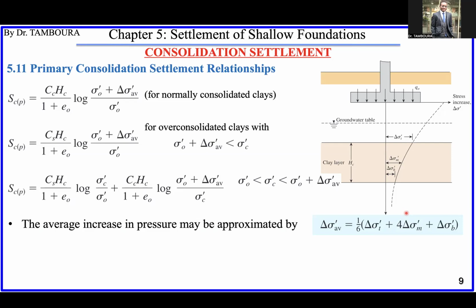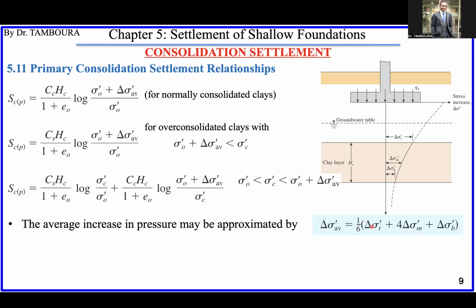And in soil mechanics 1, we have learned a lot of ways to calculate pressure distribution, effect of pressure, using Boussinesq theory method. Okay, so this is how this average increase in pressure is calculated.